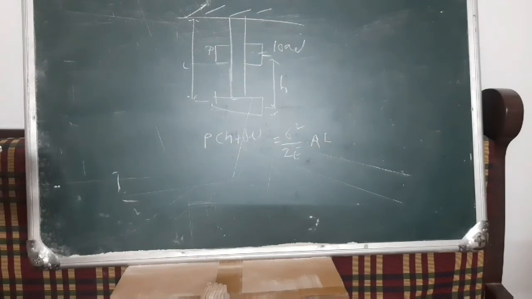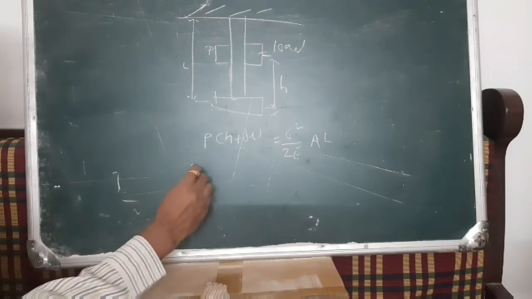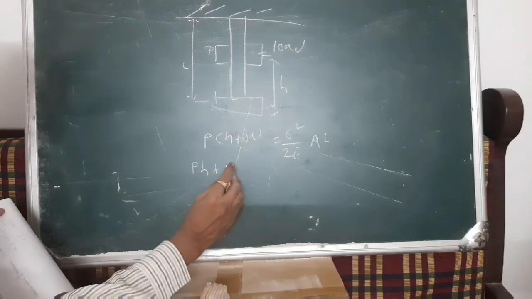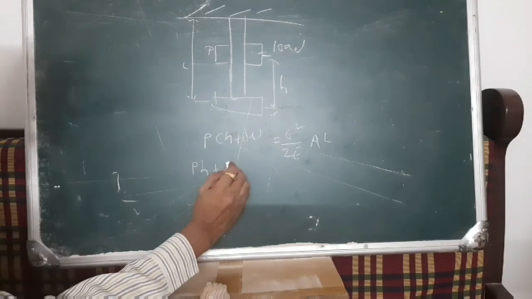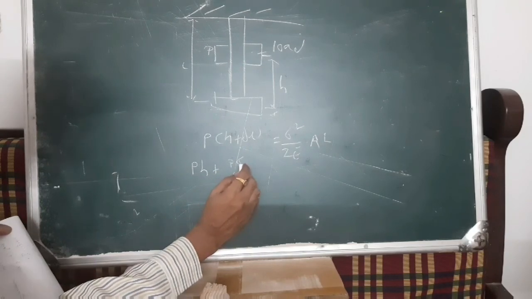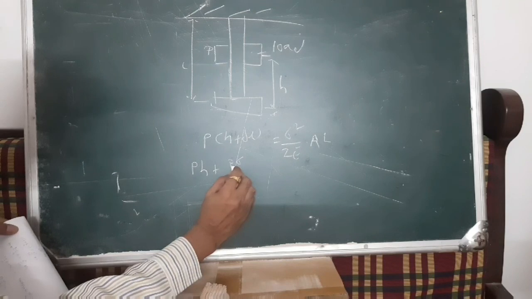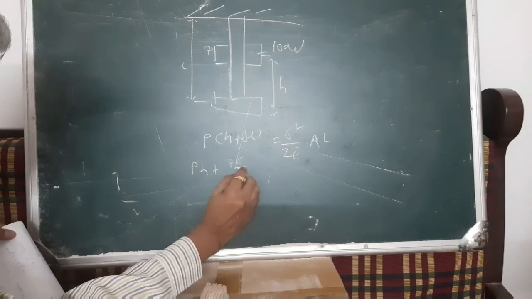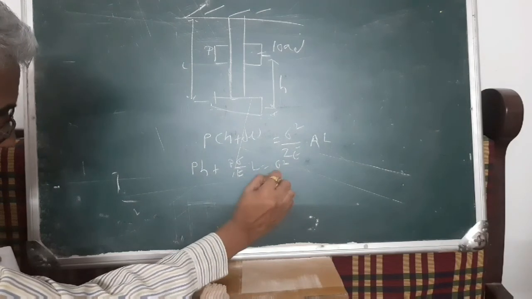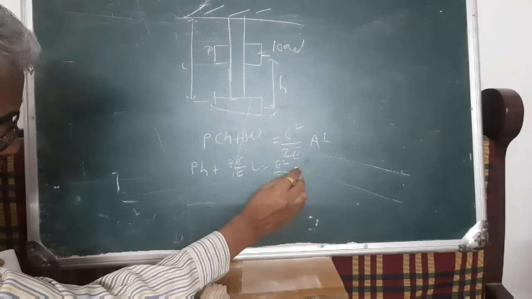So if we solve, we get P into (H plus delta L), where delta L is sigma by E into L, equal to sigma square by 2E into A into L.